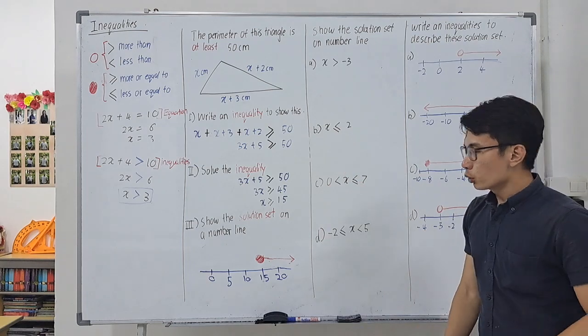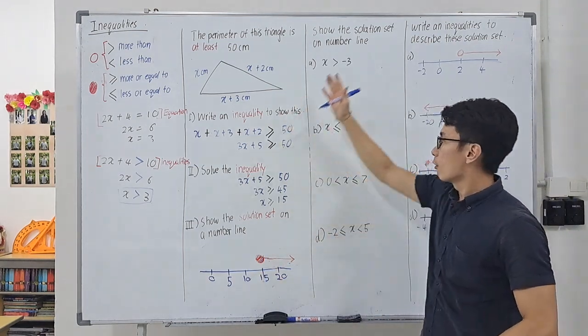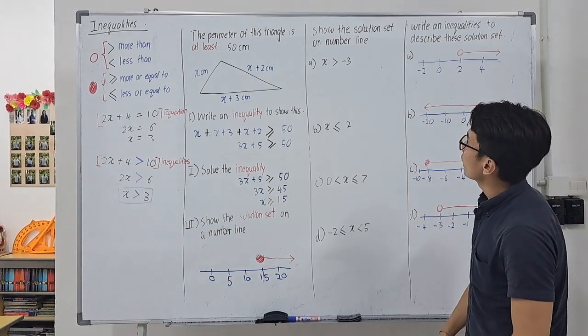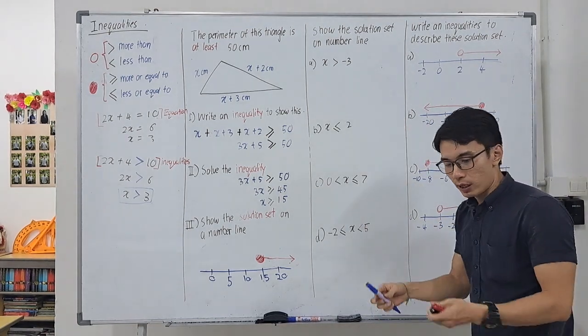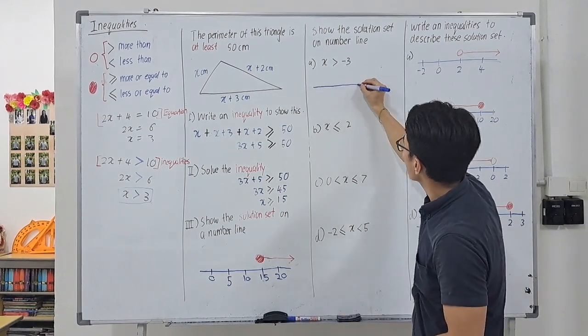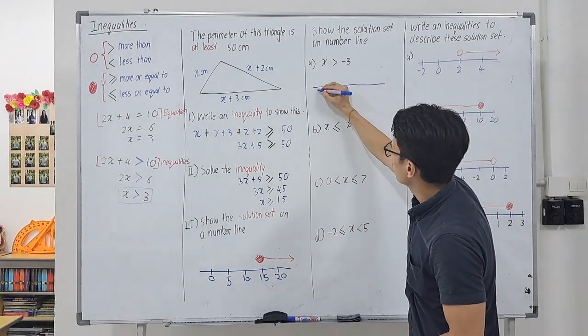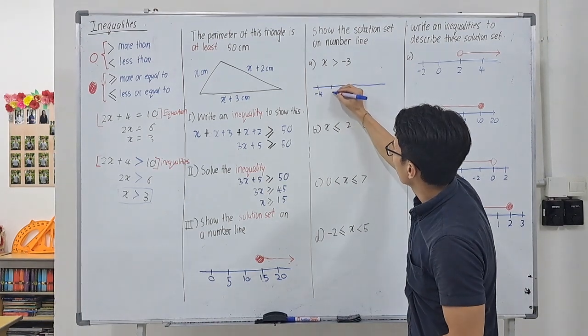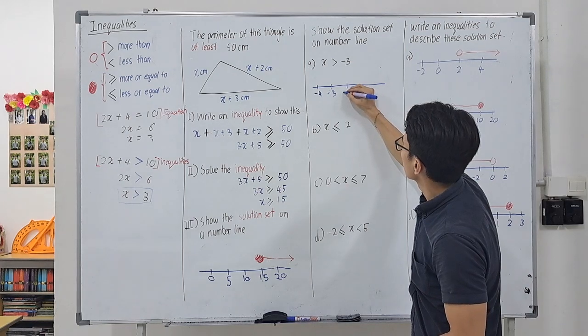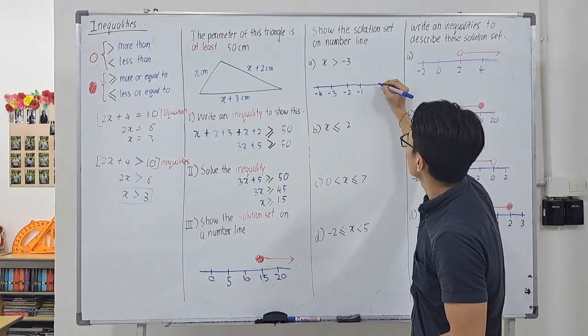So I have more examples over here. We are done with this, so let's go through these very quickly. Show the solution set on the number line: x is more than -3. Again, I can just very quickly draw my number line. I can have -4, -3, -2, -1, and 0.